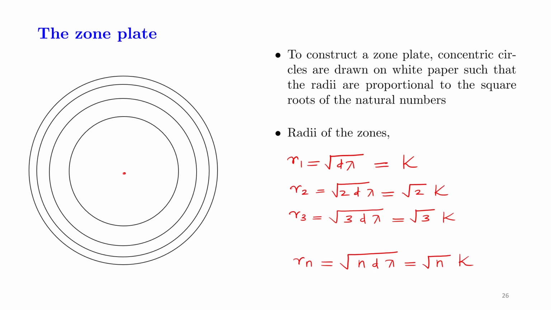So from the center, this is zone 1 having radius r1, and this is zone 2 having radius r2, and this is zone 3 having radius r3, and this is zone n having radius rn.